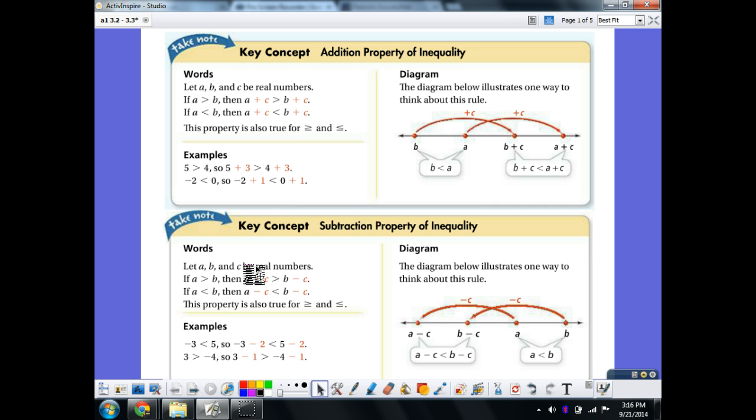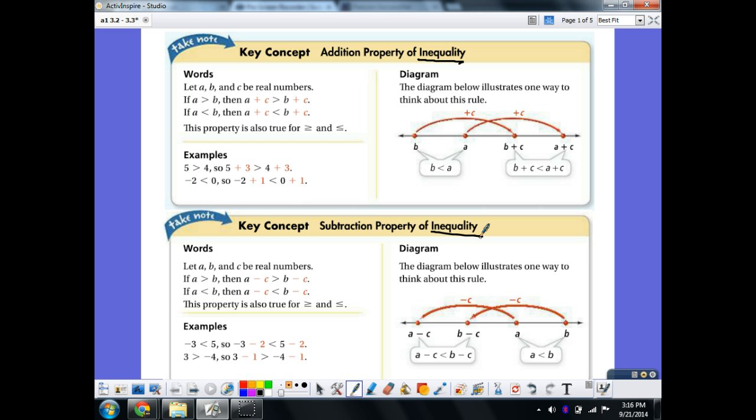In this first video, we're going to look at those that we solve by either adding or subtracting, these inequalities that involve addition or subtraction. And just like we had the addition and subtraction properties of equality, we also have the addition and subtraction properties of inequality.